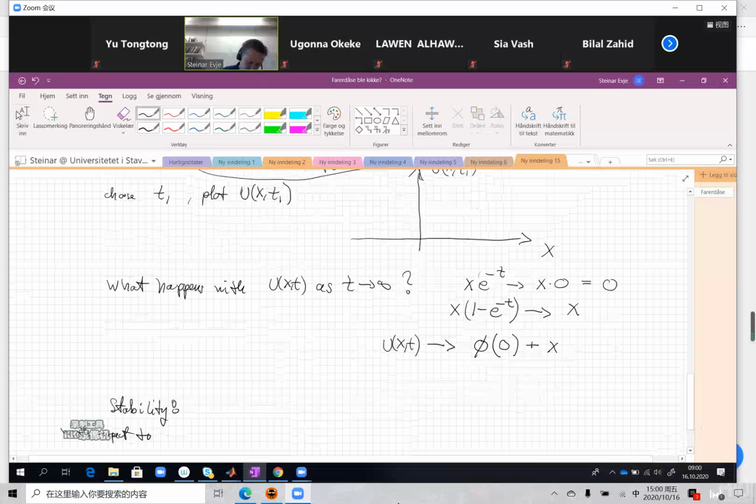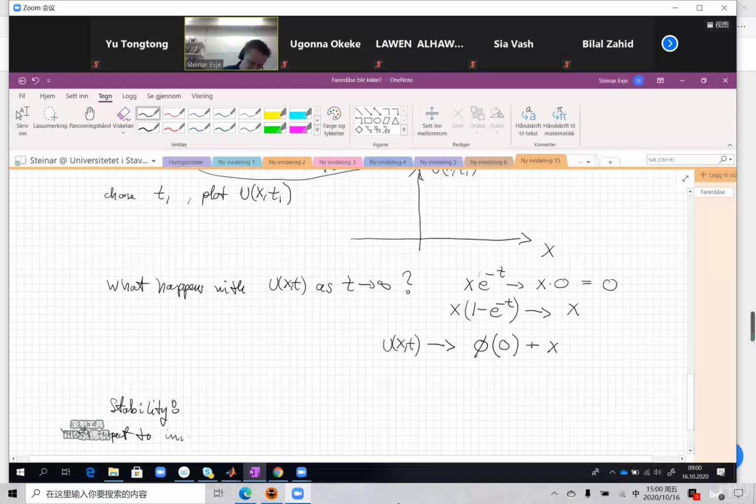Stability with respect to initial data is one issue. Consider phi of x as initial data, and that gives a solution u of x and t, as we have plotted here.